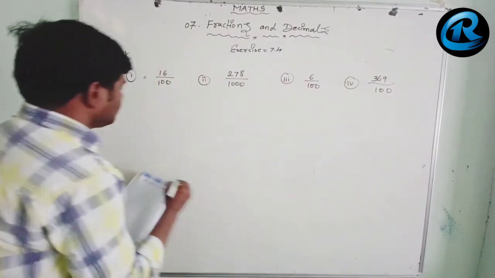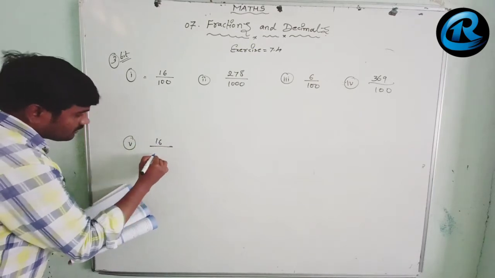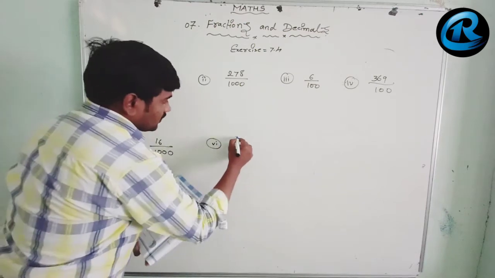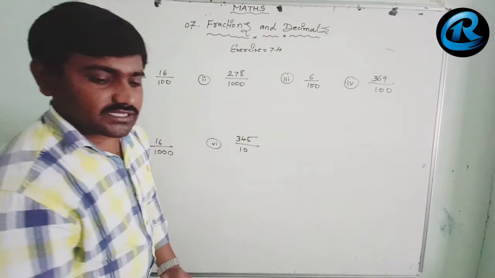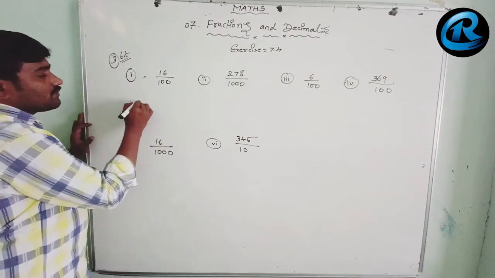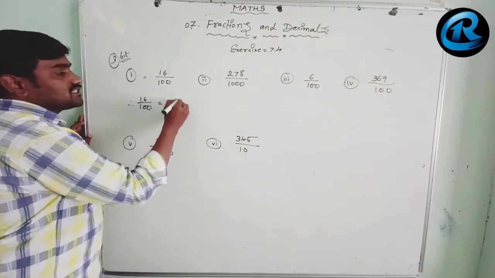Then we go for 16 by 1000 and 6 by 100, 345 by 10. So let us change these numbers into decimals. See, very simple. Therefore 16 by 100: write the 16 as it is first.